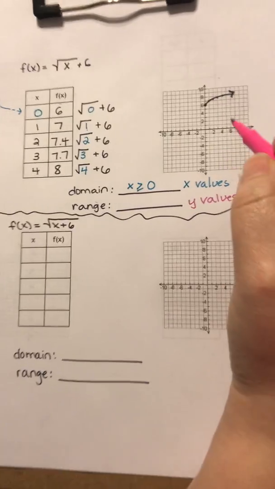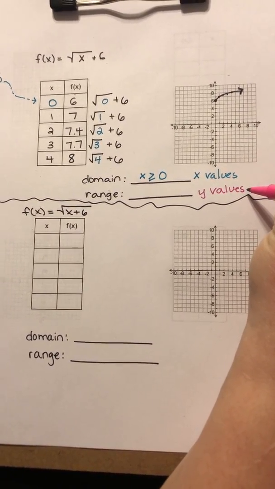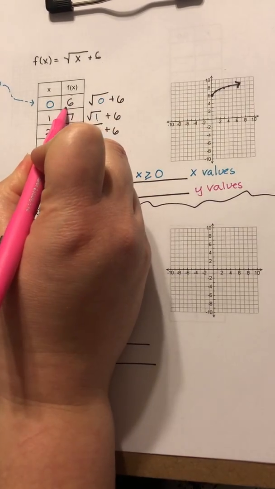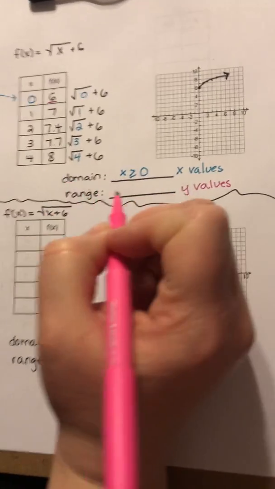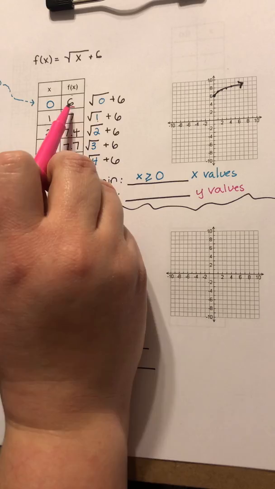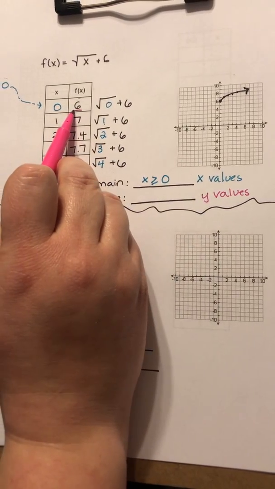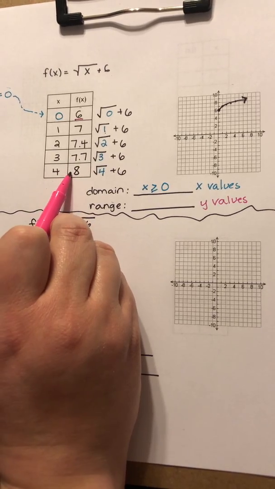Okay, and then on our range, we're looking at our y values. So again, we can use this first y value in our table, and we can say, okay, where do my y's go from here? Well, they go to 7, 7.4, 7.7, and then 8.